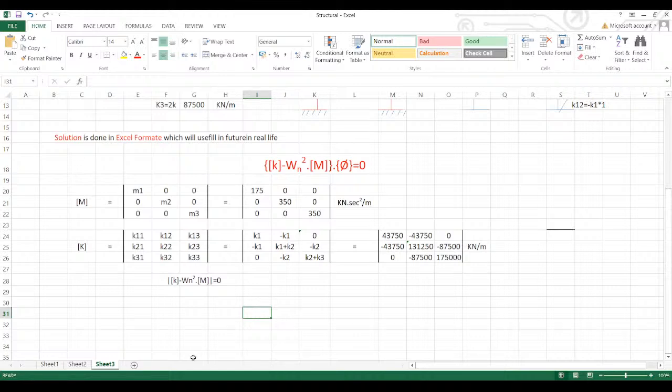Now what we have to do for this? We have to compute omega.